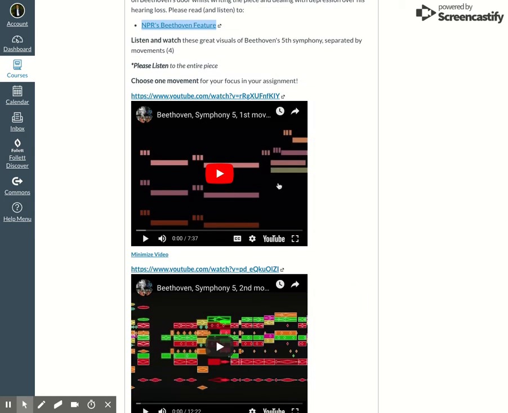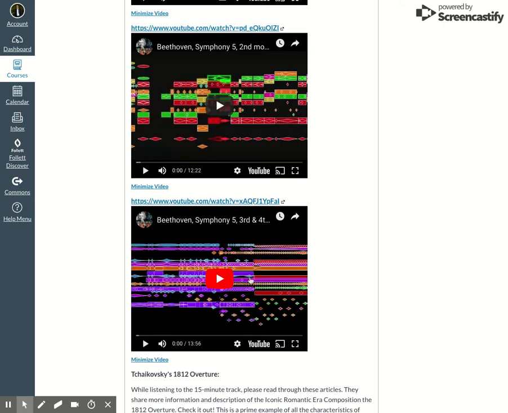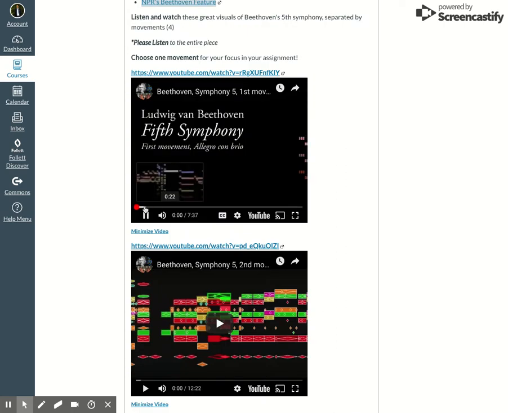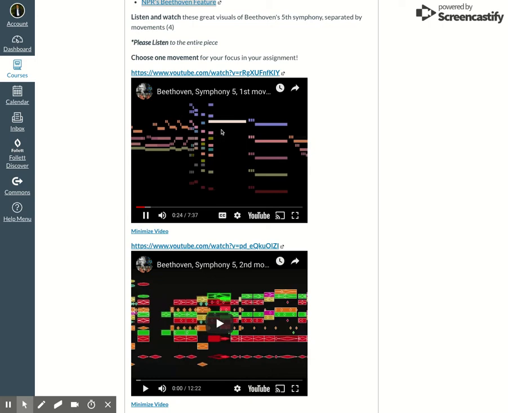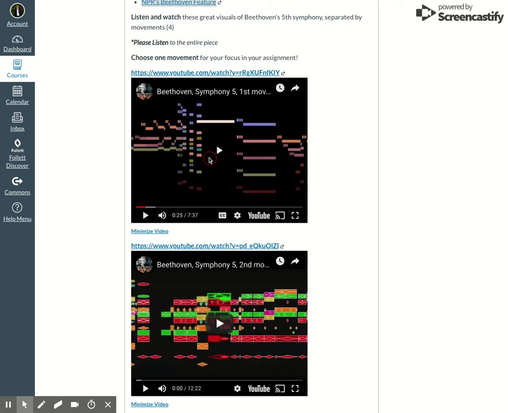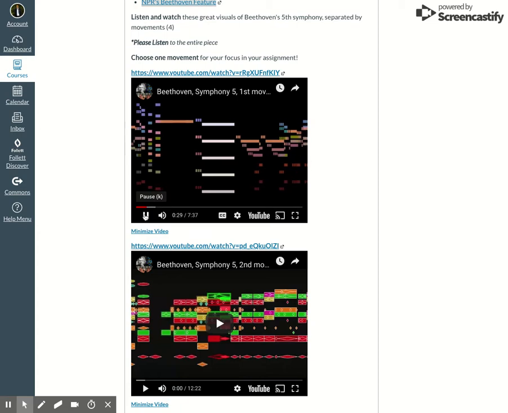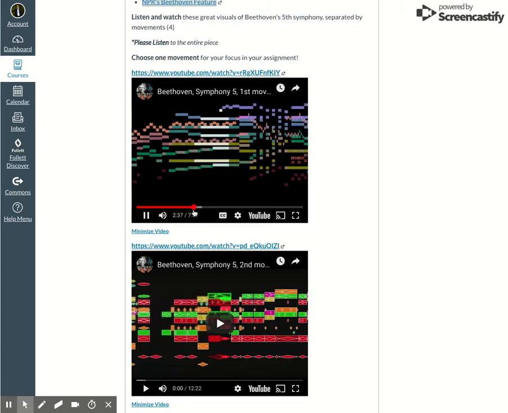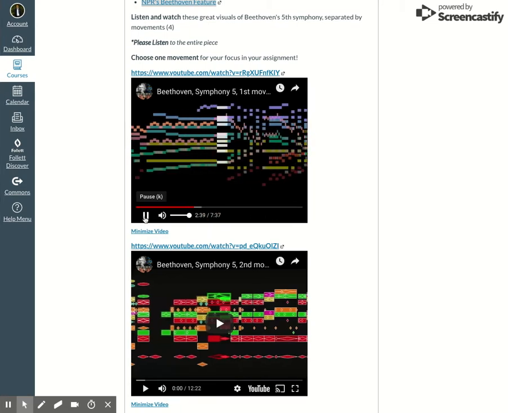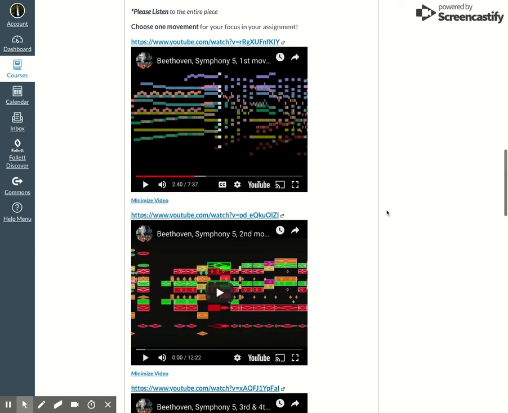Here's movement 1, here's movement 2, and here's movement 3 and movement 4. These are specifically cool because as the music's moving, it has a visual. As you can see, it's really cool, and you can fast forward to it. Cool, right? All of these are like that.